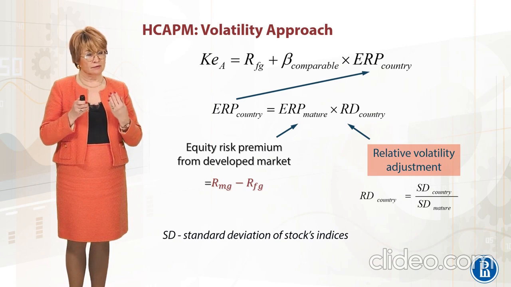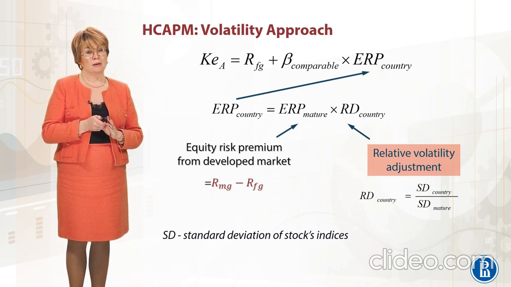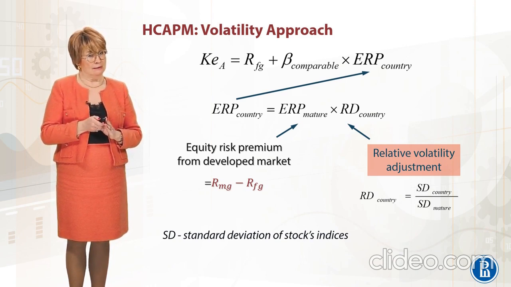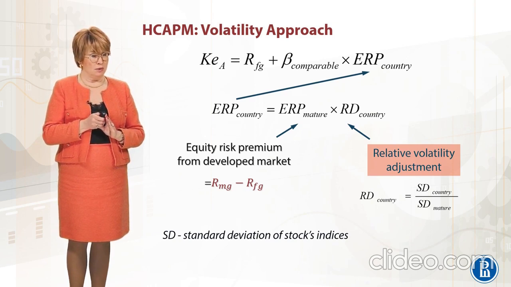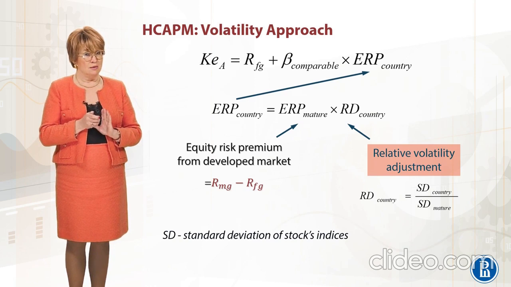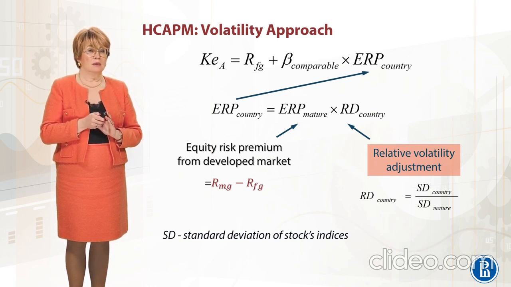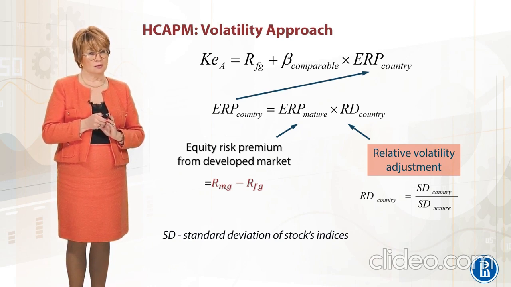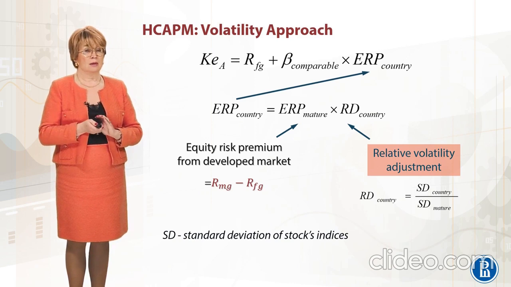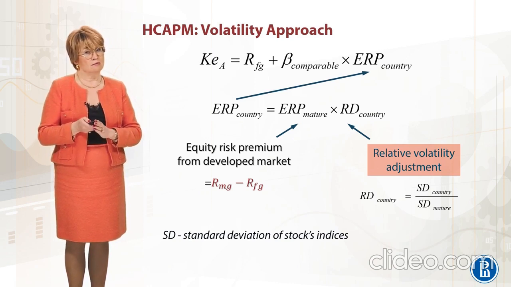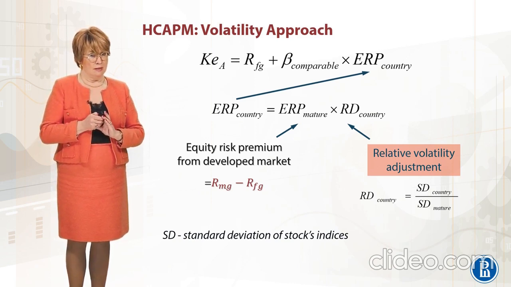That coefficient of relative volatility adjustment would be above 1, higher than 1, because the volatility of the stock market index in the segmented emerging capital market is much higher than the volatility of the equity stock market index in any benchmark developed capital market.